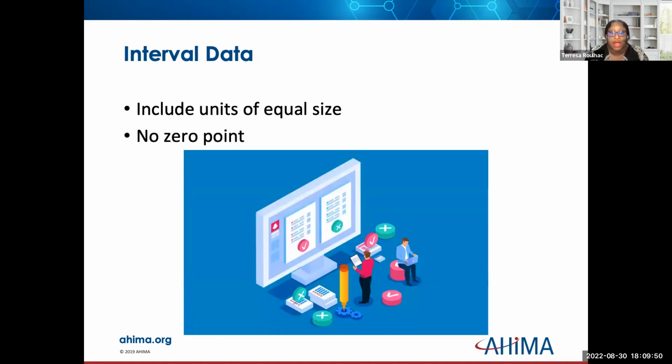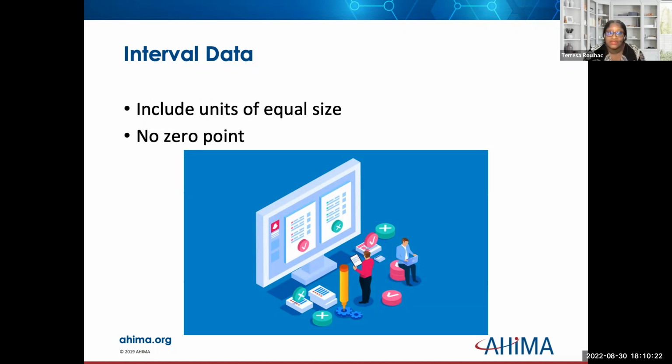We move on to our interval data. Remember, we're talking about types of data. Now, interval data, also called an integer, is defined as data which is measured along a scale, in which each point is placed at equal distance from one another. Examples would be Celsius or Fahrenheit, marking your grades, your IQ tests, and something that we look at, your GPAs.